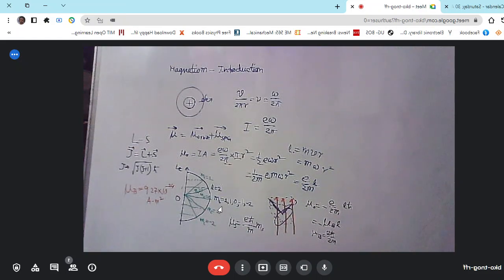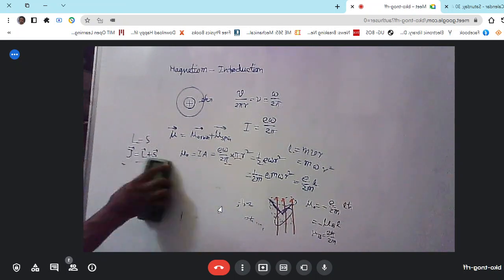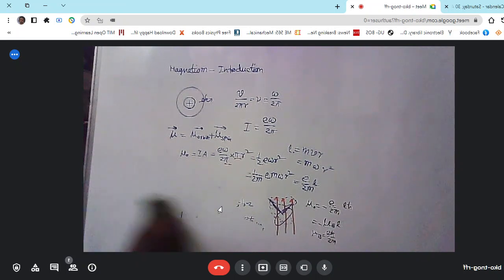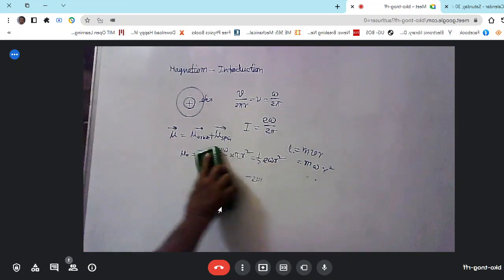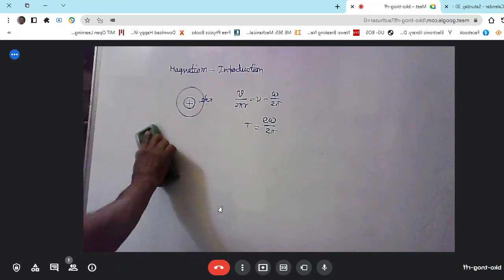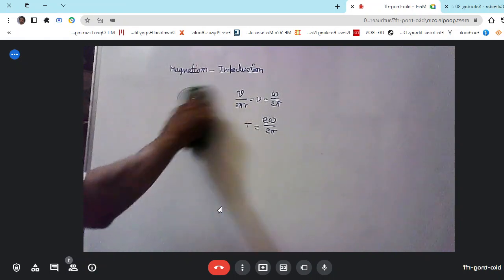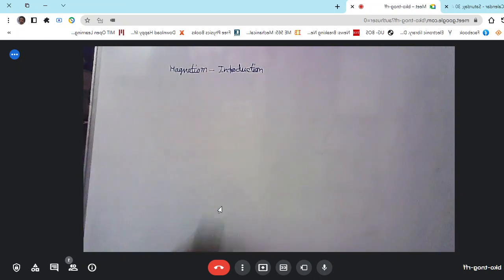Let me clear this board. Now we will have some first-hand experience of some quantities which are fundamental in the case of magnetism.